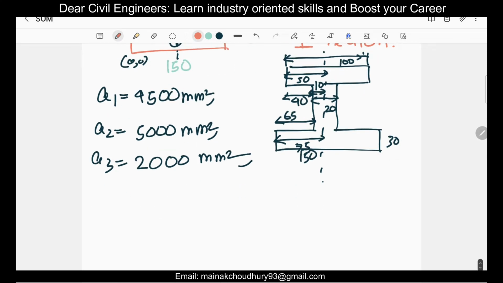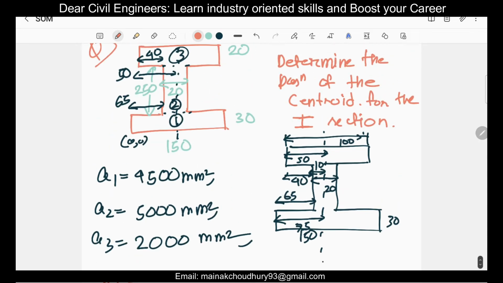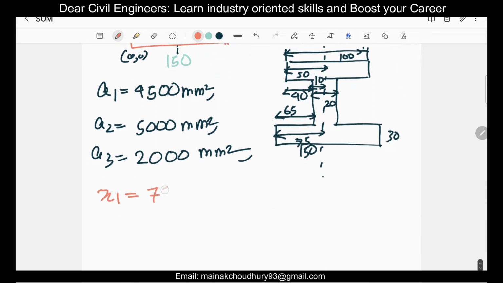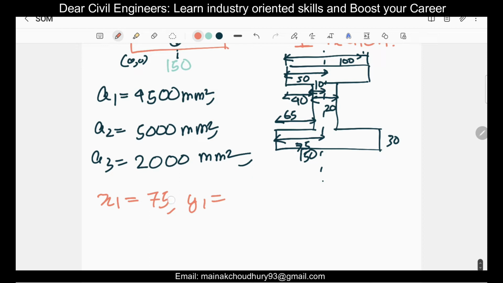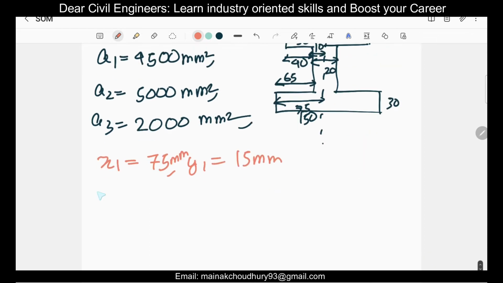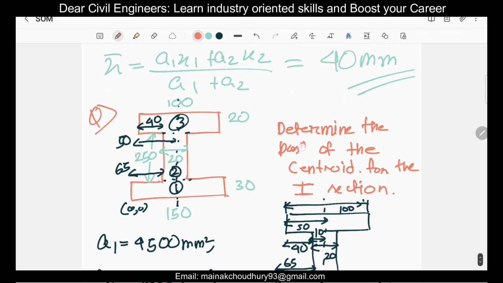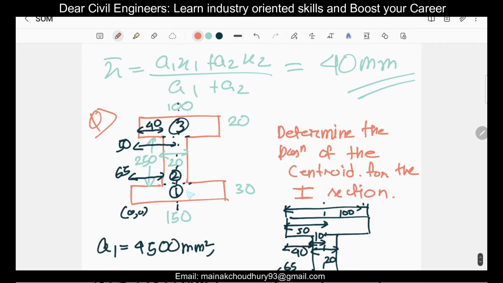I'll write x1 first. x1 will be 150 by 2, so 150 by 2 is equal to 75. Y1 will also be easy, 30 by 2, that is 15. The unit is mm, 15 mm. Now let's go for x2. When you go for x2, remember that we are talking about this.